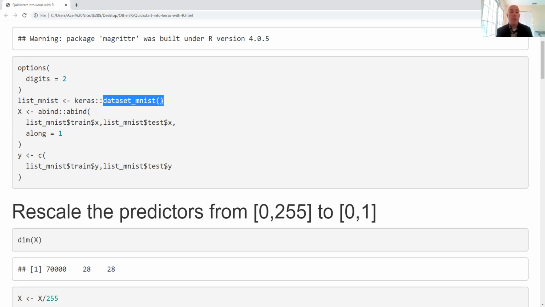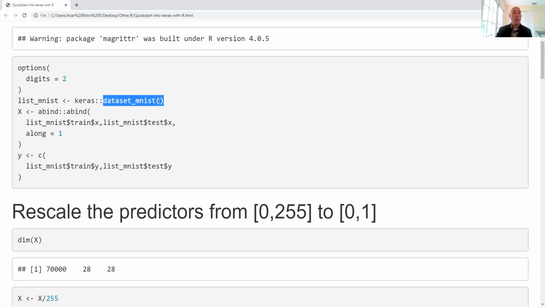Now, in this data set, there are images, in particular a 28 by 28 grid, and for our data we have a representation of how light or how dark each of the individual points are on that 28 by 28 grid. So this ends up being an array instead of a data frame.